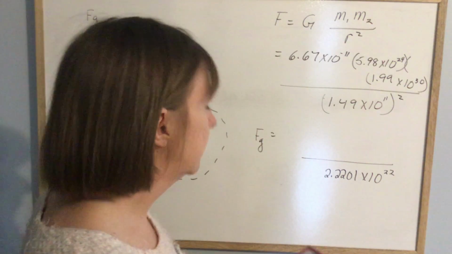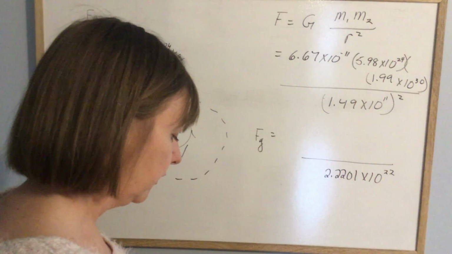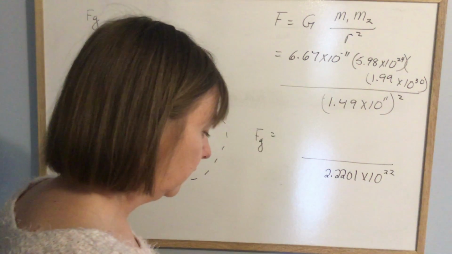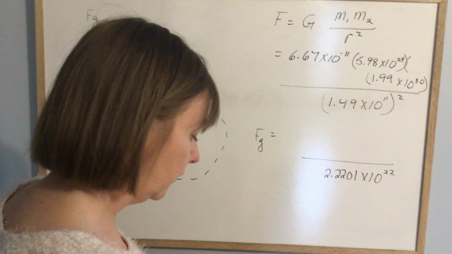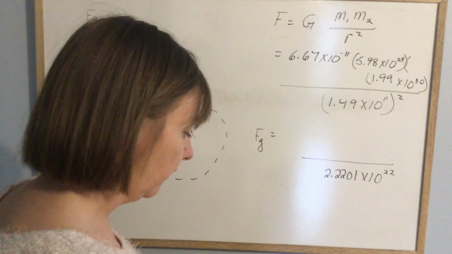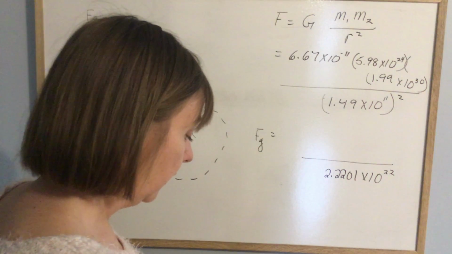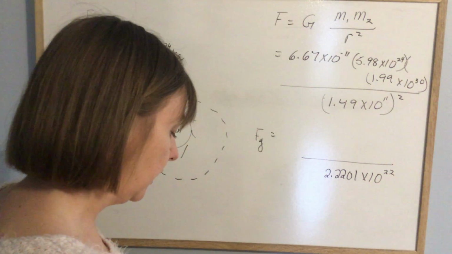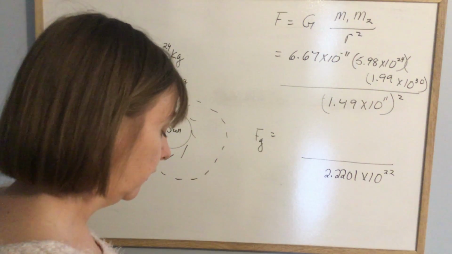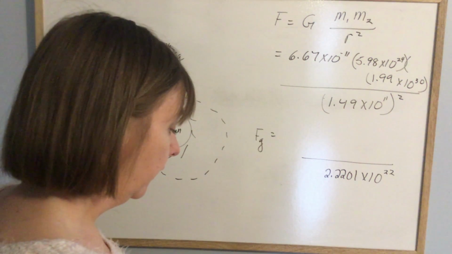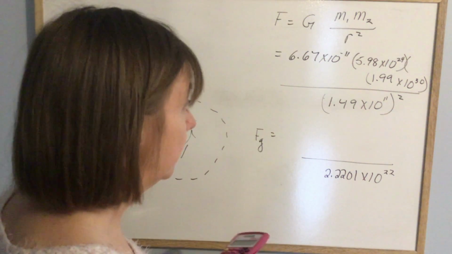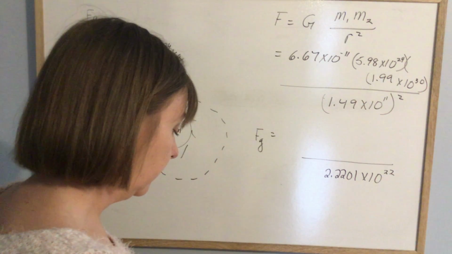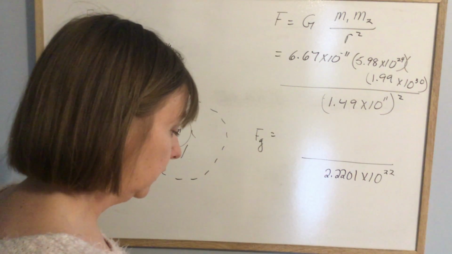On the top, I'm going to have 6.67 times 10 to the negative 11th. I'm going to multiply and I'm going to put brackets around this, 5.98 times 10 to the 24th, times, and I'm going to put brackets around this, 1.99 times 10 to the 30th.